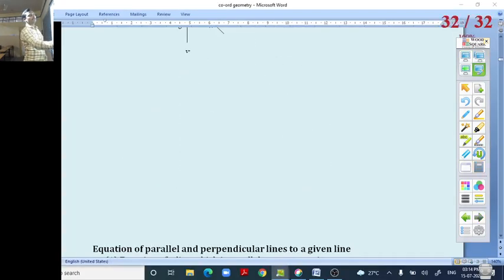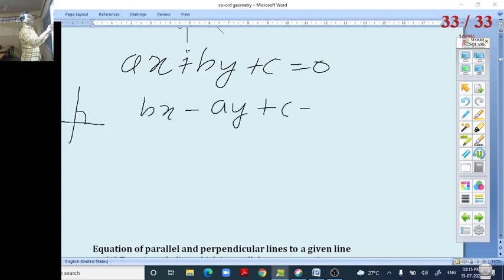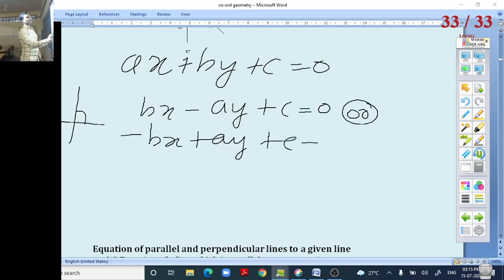I write once again. If ax plus by plus c equals 0 is any line, then the line which is perpendicular to this is always of the form bx minus ay plus c equals 0, or else it will be of the form minus bx plus ay plus c equals 0.